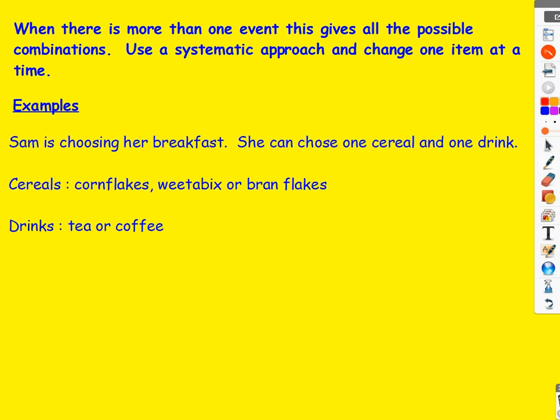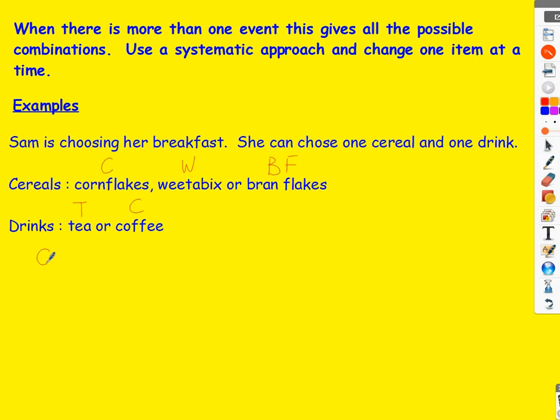So we're going to list all the outcomes. Now to save us a little bit of writing, let's use C for cornflakes, W for Weetabix, and BF for bran flakes. And we'll use T for tea, and C for coffee. So I'll start with my first cereal choice, which is going to be cornflakes. I'm starting with the first one purposely to give me a bit of structure to my work.